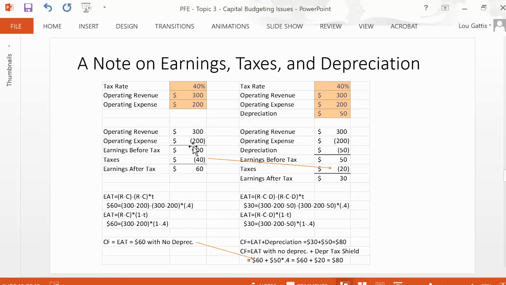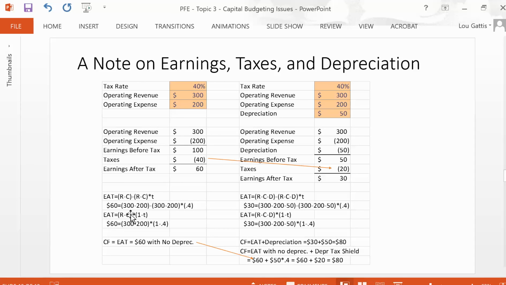300 minus 200 gives me earnings before tax of 100. Multiply 100 times 40%, I pay $40 in taxes. It gives me earnings after tax of 60. Now I can write that in a formula as revenue minus cost, 100, minus revenue minus cost times the tax rate. So in other words, 100 minus 40.